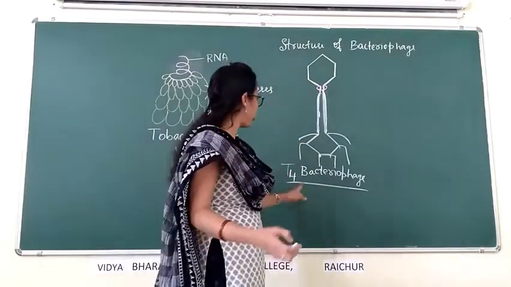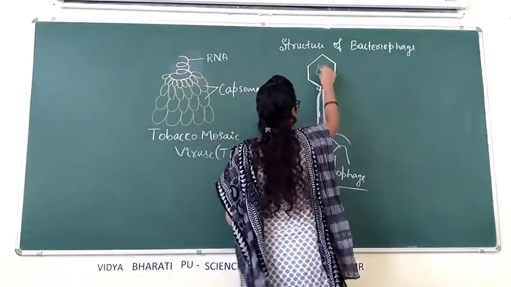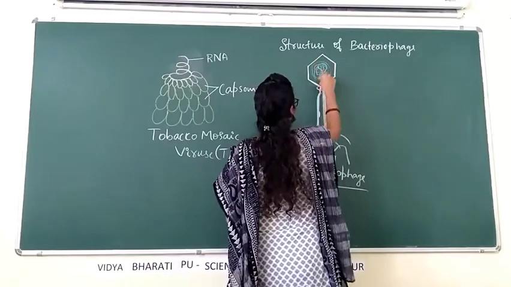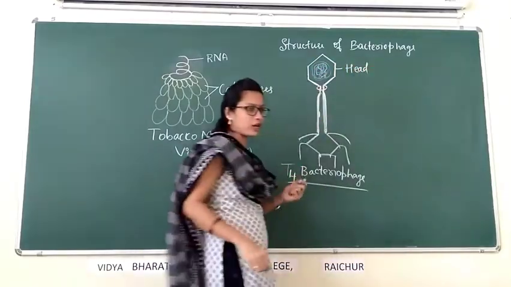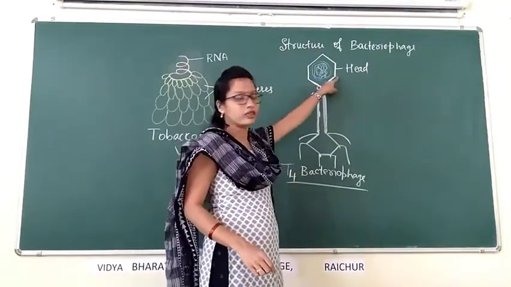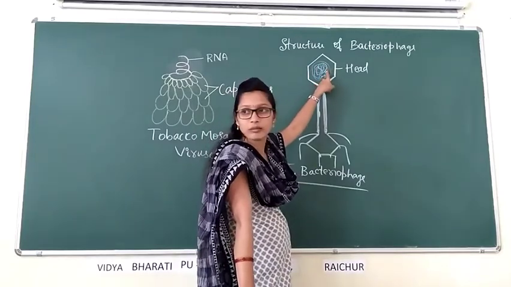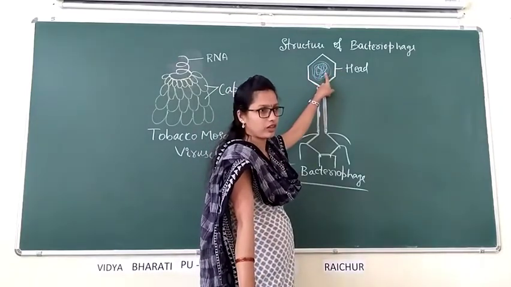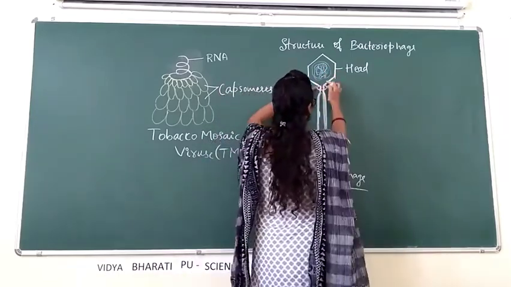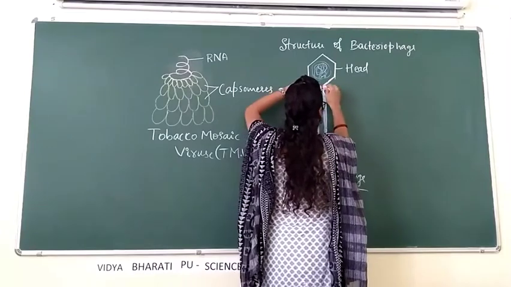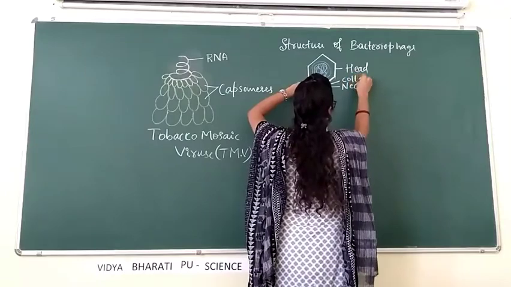Structure of T4 bacteriophage. T4 bacteriophage mainly contains 3 parts, such as the polyhedral shaped head. In that head the genetic material DNA is present. Then next to the head, the neck portion is present, and this one is the collar.